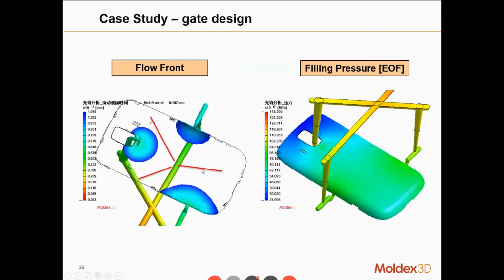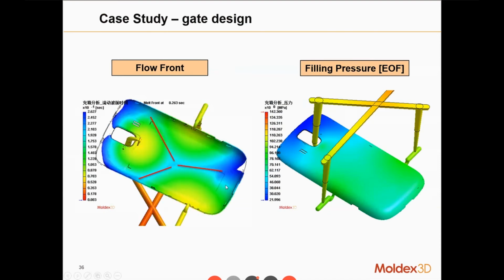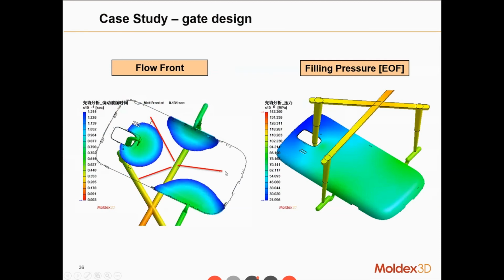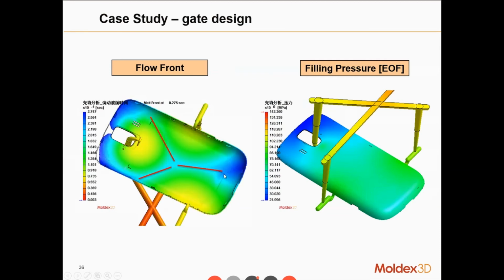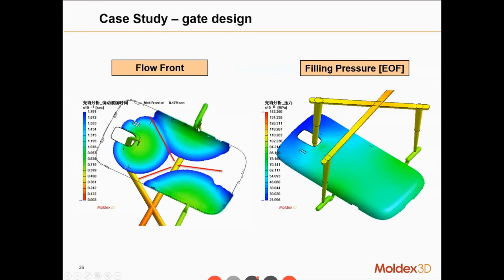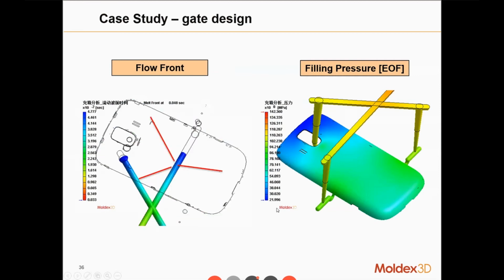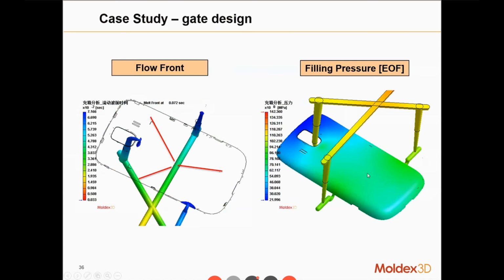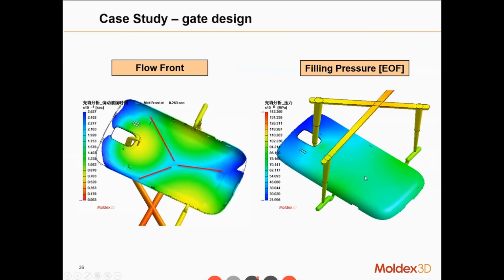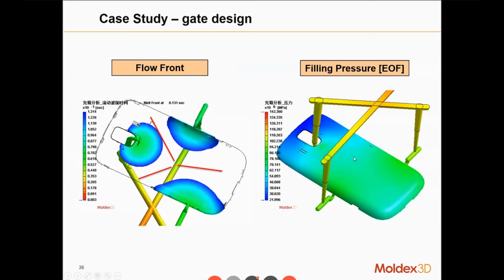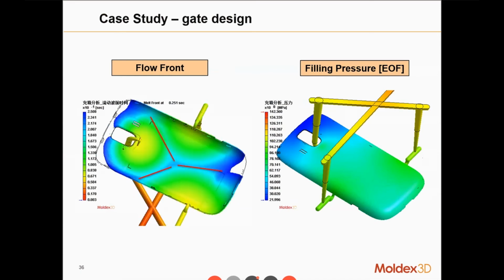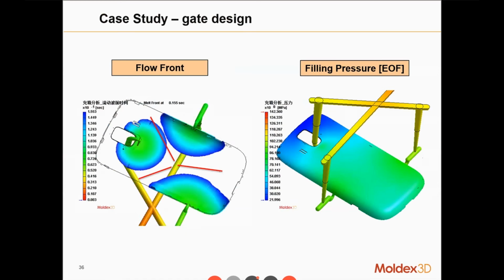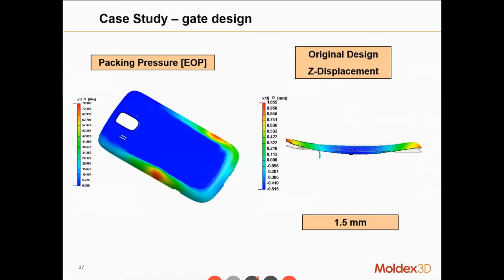In the melt front time, we can see here it will probably have a weld line, and doesn't have a balanced flow, because in this 3 gate, the pressures will transmit from here, but in the middle of this part, it will hardly have access to the pressure, either the filling pressure or packing pressure.